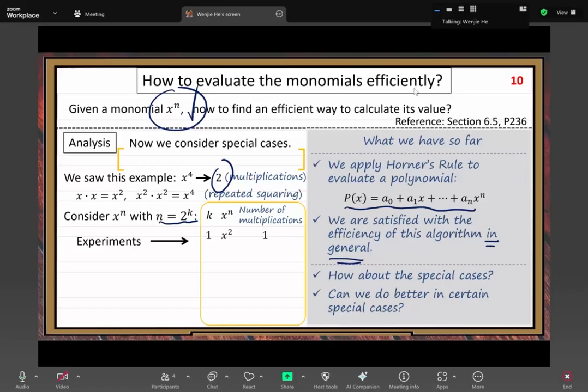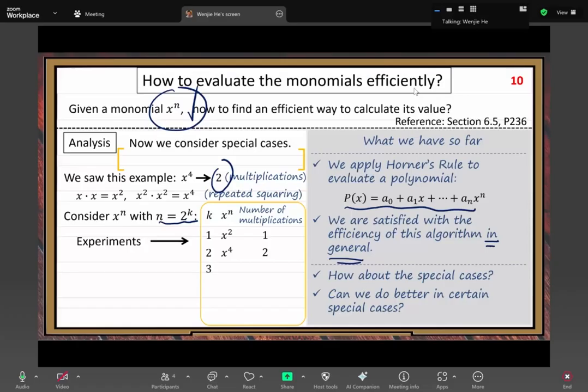When k equals 2, you do x to the 4th, because 4 equals 2 squared. So you do the square operation twice, so you need 2 multiplications.